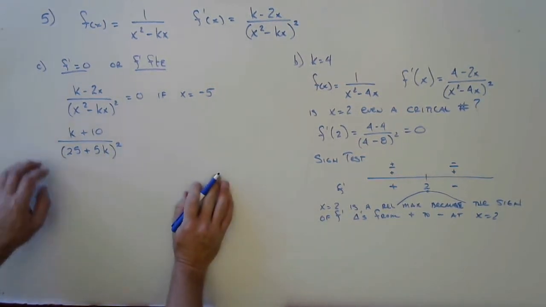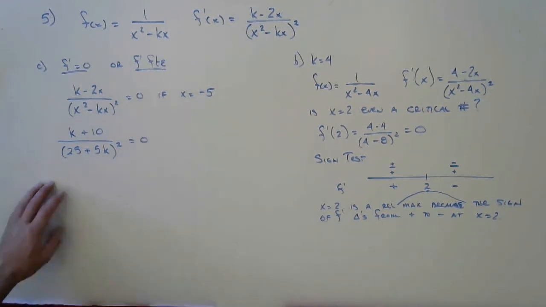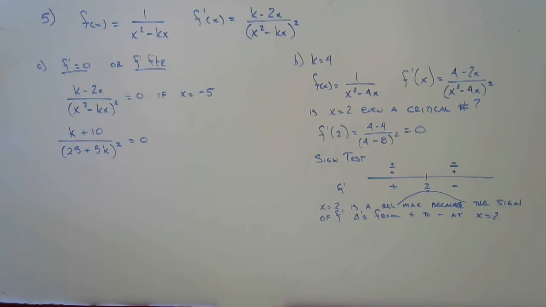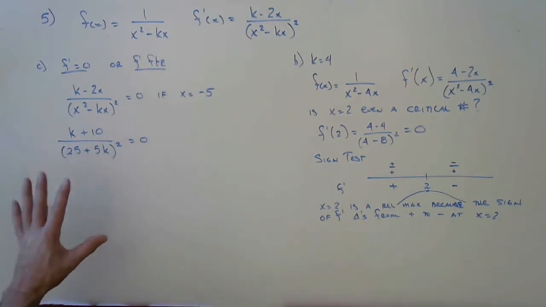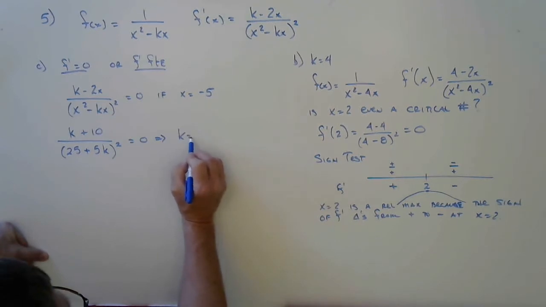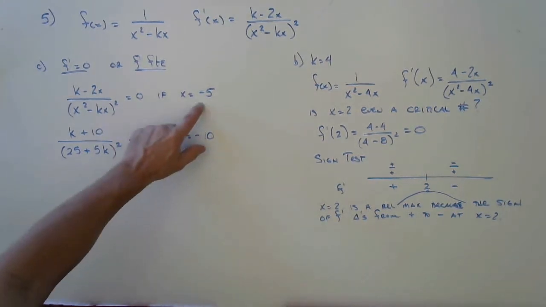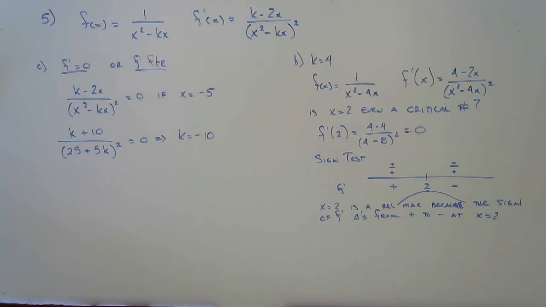And they want to know, when is this going to equal 0, right? What's a value for x that's going to make this equal to 0? Well, sorry, not a value of x, a value of k. If we solve this, we can see that the answer is going to be k equals negative 10. If k is negative 10, my derivative is going to be 0, and we're going to have a critical number at negative 5. Okay, so that's part C.